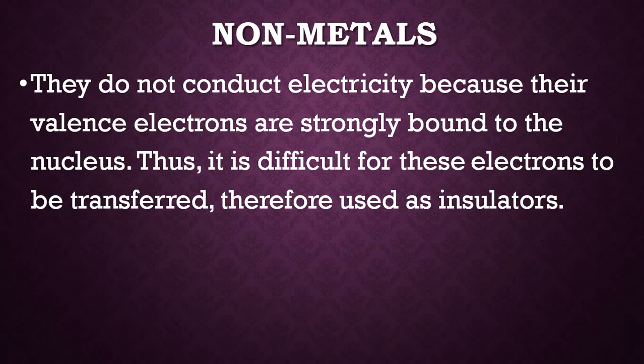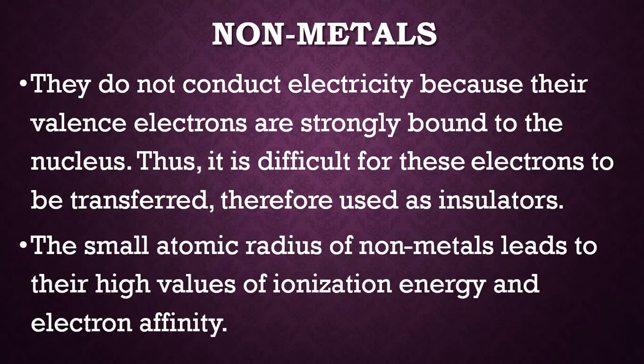In nonmetals we can notice that they have small atomic radius and high nuclear charge, large effective nuclear charge, so the electrons are strongly bound to the nucleus. That's why they have no mobility.